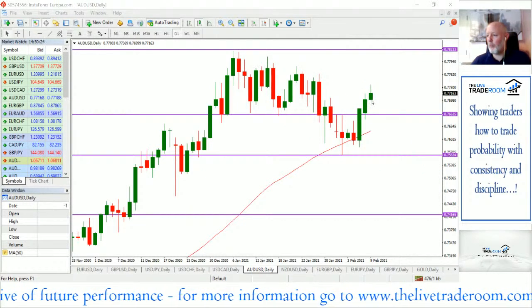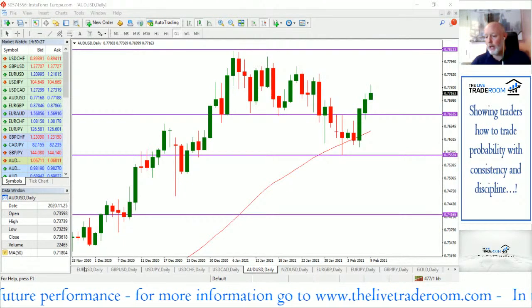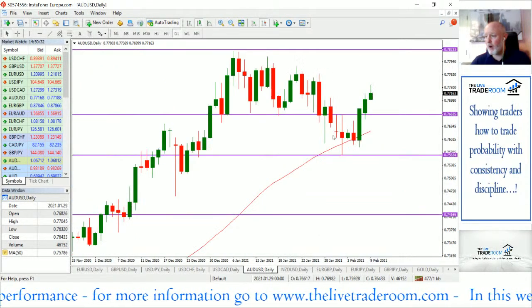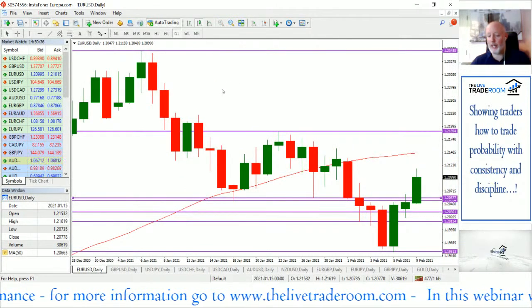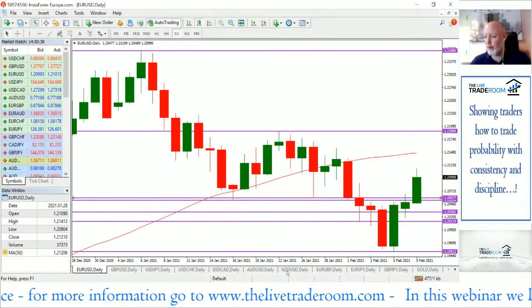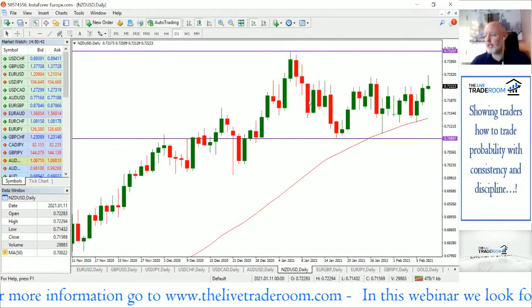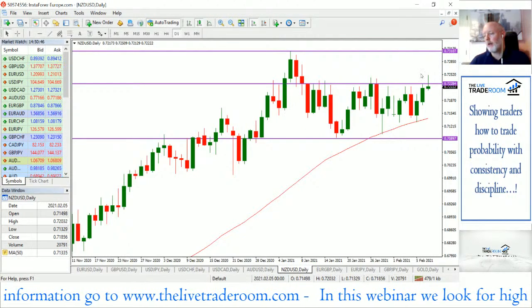So again, will we see an exhaustion candlestick perhaps over the course of tomorrow? With a lot of these dollar pairs, tomorrow could be the more opportune time if we start seeing some dollar strength in tomorrow's markets. So keep an eye out for that. We're in this sideways moving consolidation period here for the New Zealand dollar.